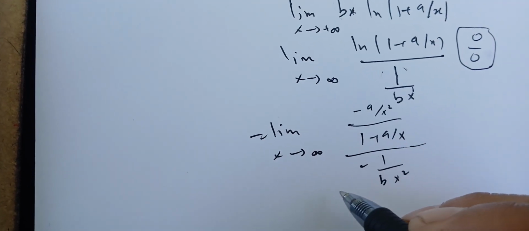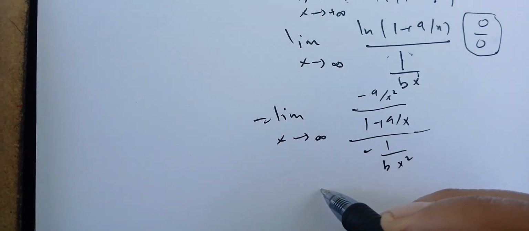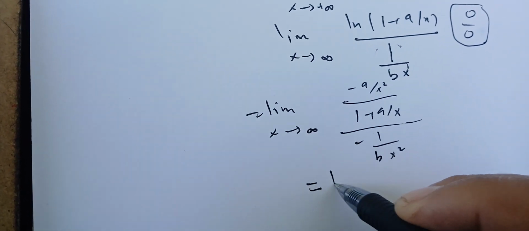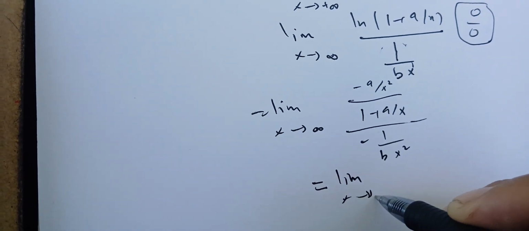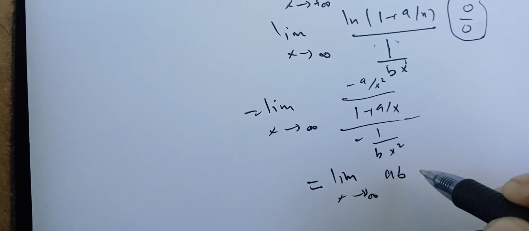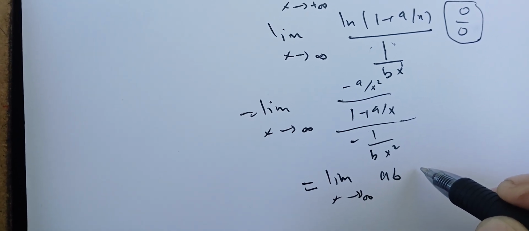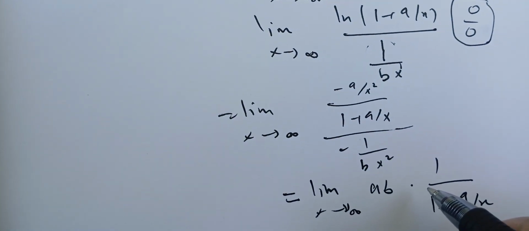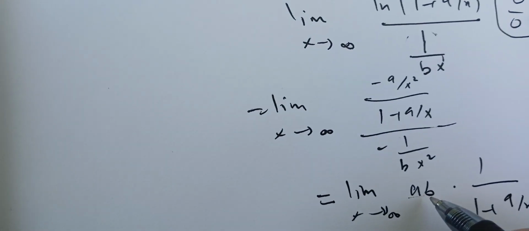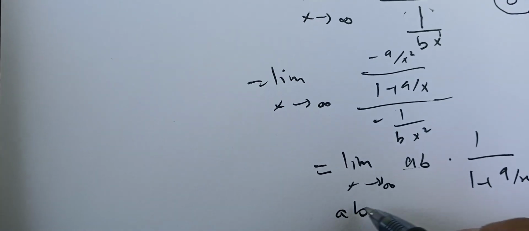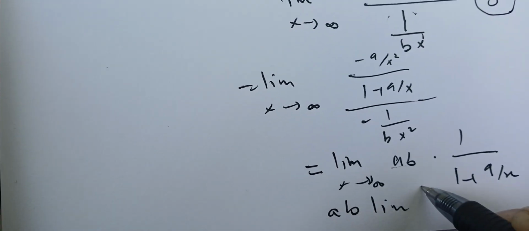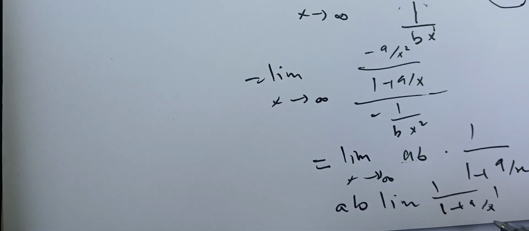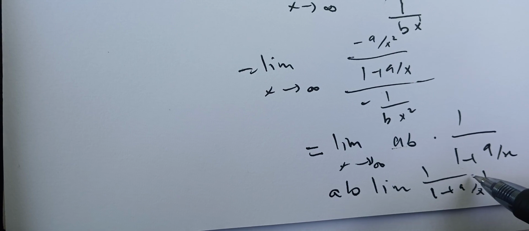If we write this by taking care of the x squared, we're going to have the limit as x goes to infinity of a times b times 1 over 1 plus a over x. Now ab is constant, so we can take it to the front, and the limit of 1 plus a over x is 1.